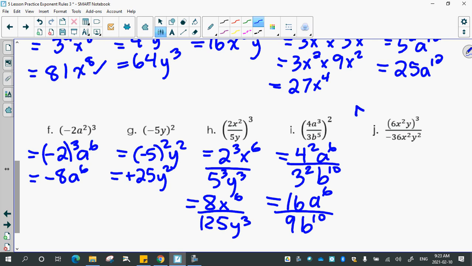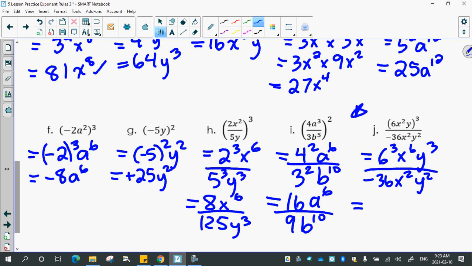Okay, here's the kicker for this page. Does anyone want to try this one? So 6 to the power of 3, x to the power of 6, y to the power of 3, over negative 36, x to the power of 2, y to the power of 3.